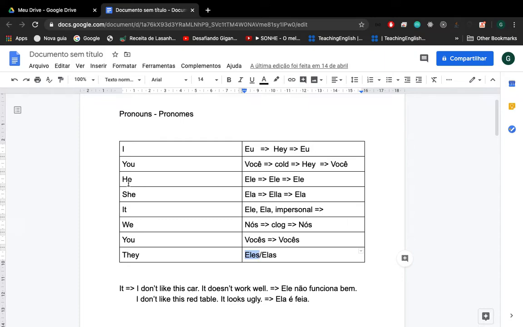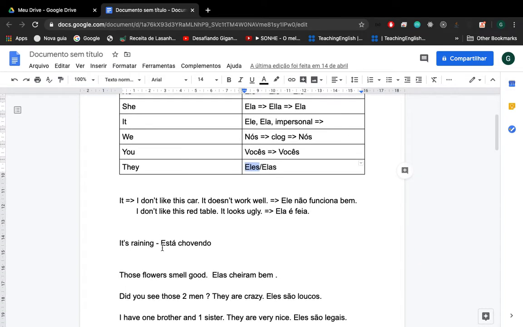It's the same way we pronounce ele, with an additional letter S. Eles. Remember, that's for only men or men and women together. Let's take a look at some sentences here.